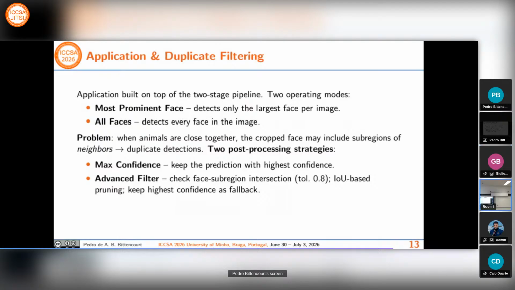Actually, I understand this proposed method is very reasonable. Well, I understand your proposed method, but all the performance evaluation metrics are related to accuracy.